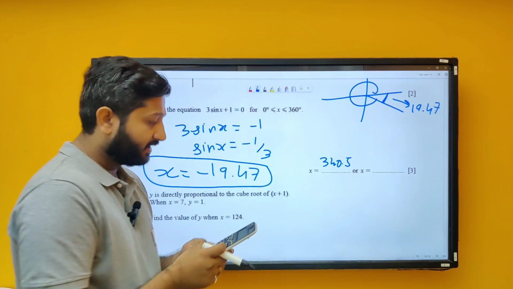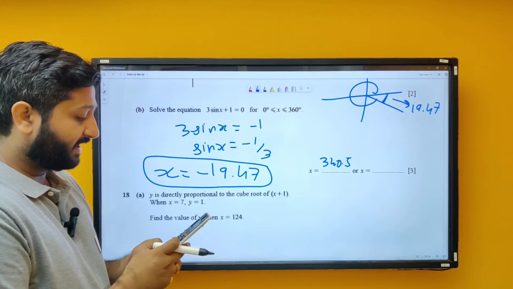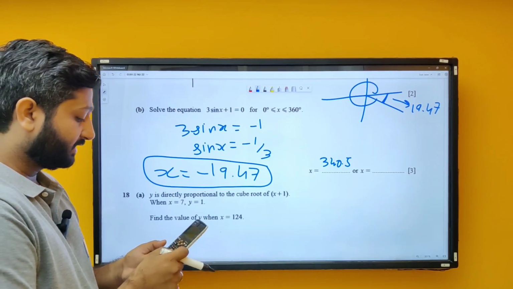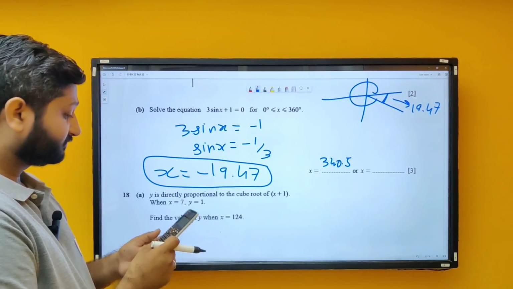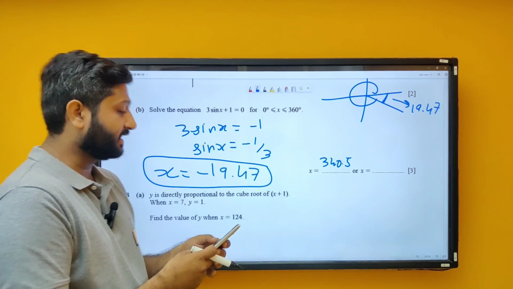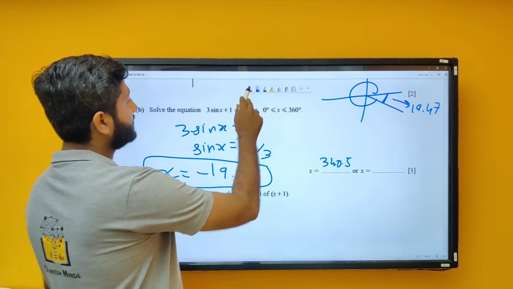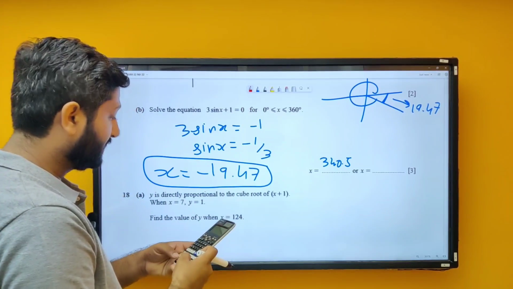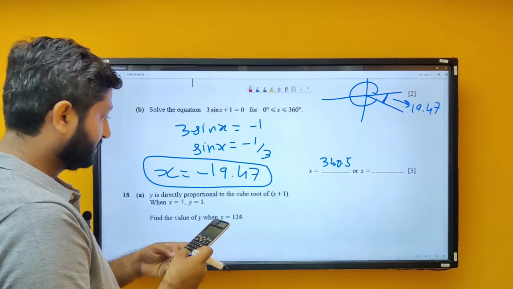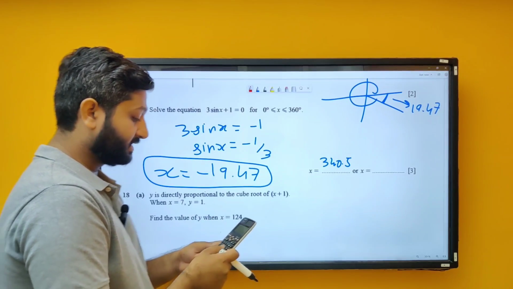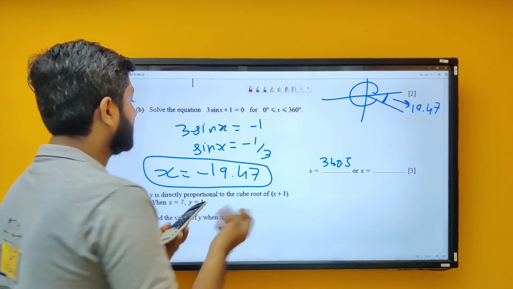340.5. And can I find the other angle? I think I can. Yes, I can. Sine 180 minus theta is sine theta.